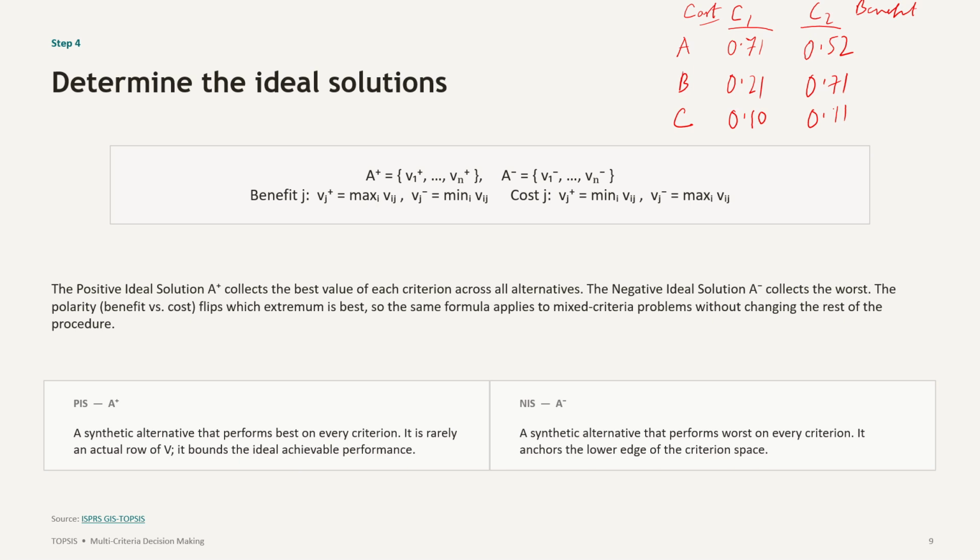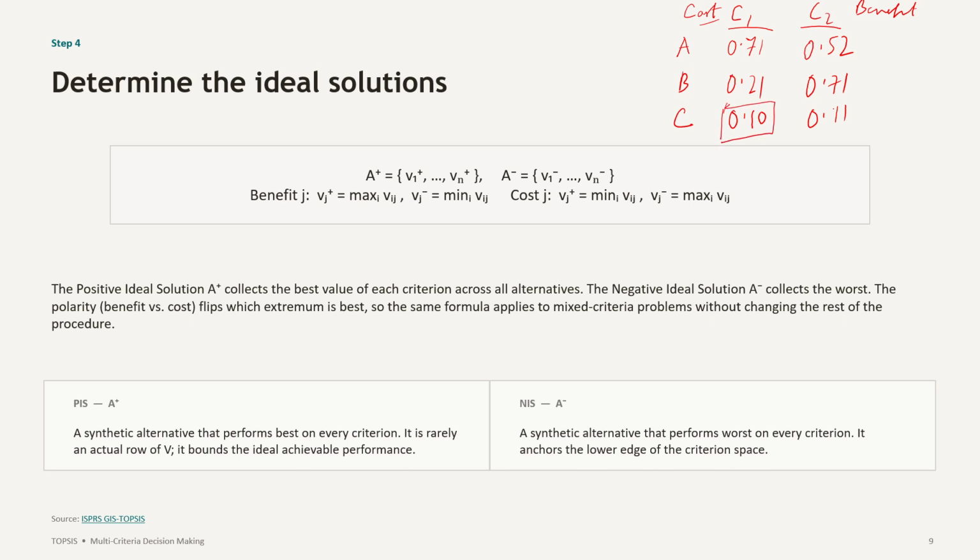So from C2 and C1, you will have to collect the best value. Now in case of C1, lesser is preferred, less performance value will be preferred. That's just the main thing: less cost will be preferred. So by comparing the normalized values of A, B, C, you can understand that this is the best.